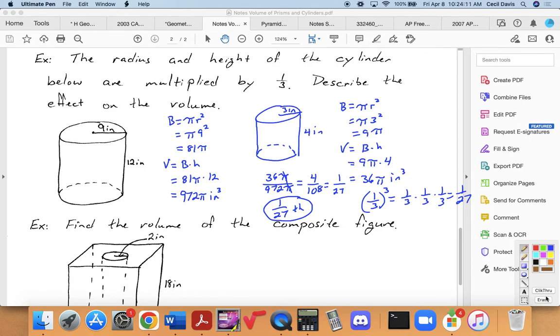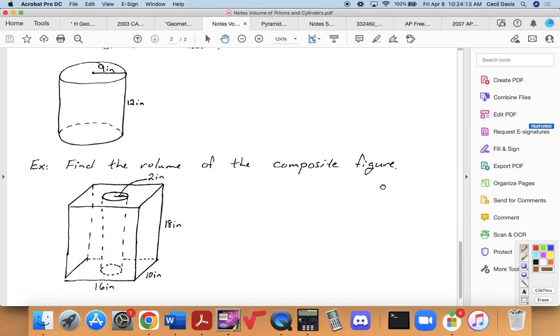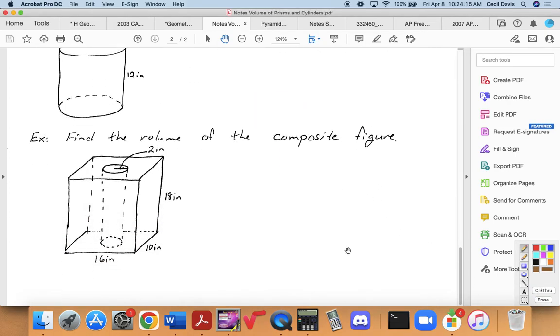All right, last one. Find the volume of the composite figure. You may or may not remember that on Wednesday I said that in order to find the surface area, you never find one surface area plus another surface area, or one surface area minus another surface area.